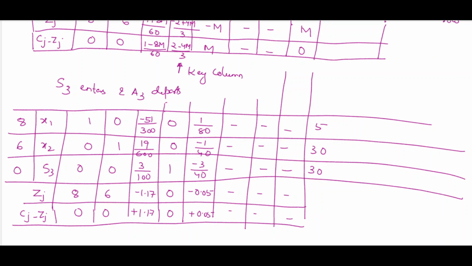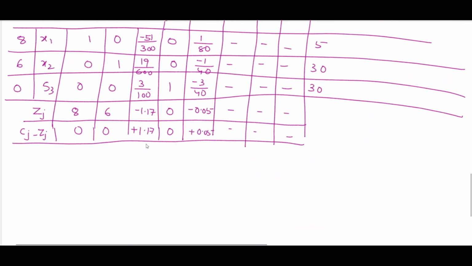You see at the end of the iteration, as all the values are 0 and positive, this is the optimal solution. You stop where all cj minus zj are 0 or positive.